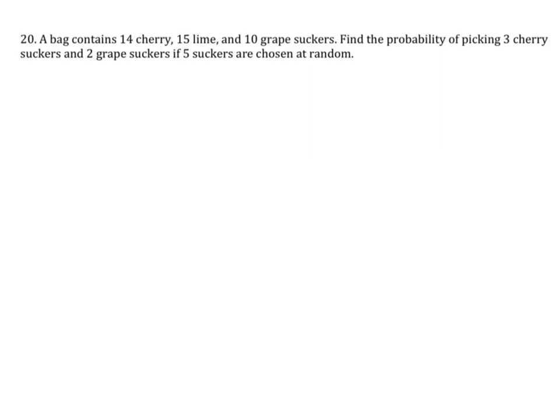So we got a bag, it's got 14 cherry, 15 lime, and 10 grape suckers in it, which is looking like 39 suckers. That'll be important. And we're going to find the probability of picking 3 cherry and 2 grape suckers if 5 are chosen at random. Okay. Well, remember, probability is what you want over possibilities.